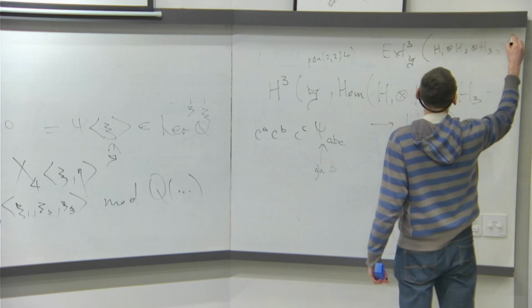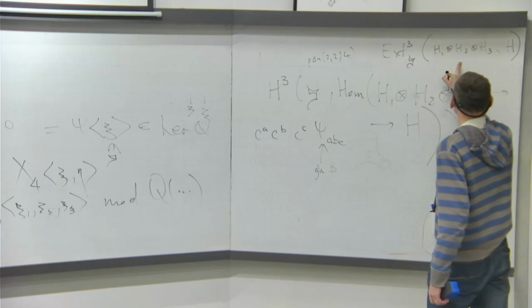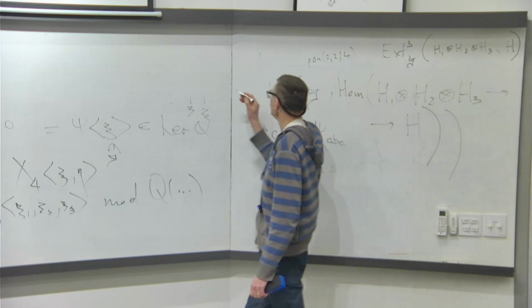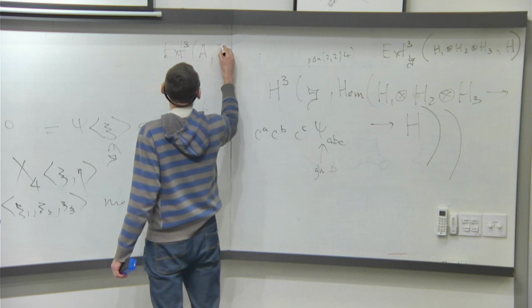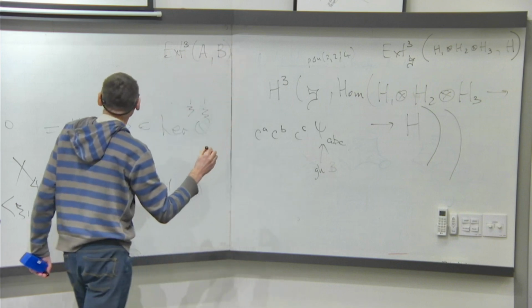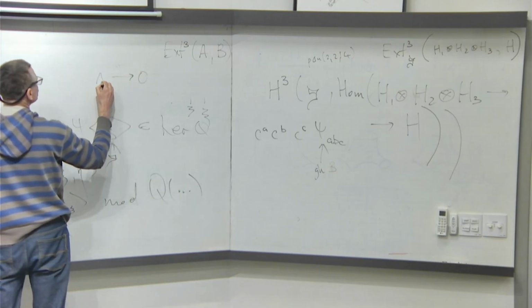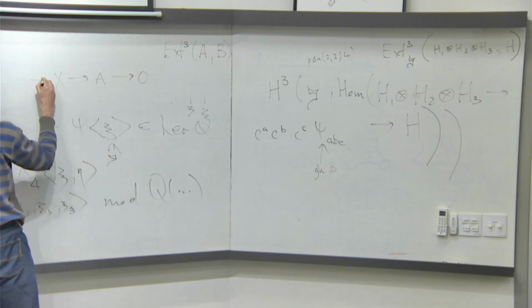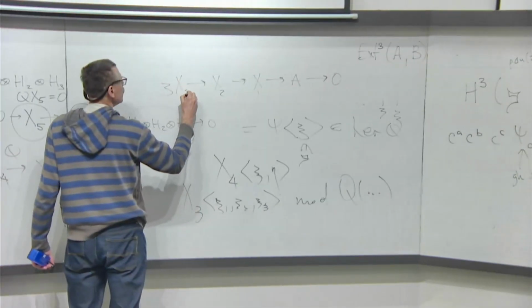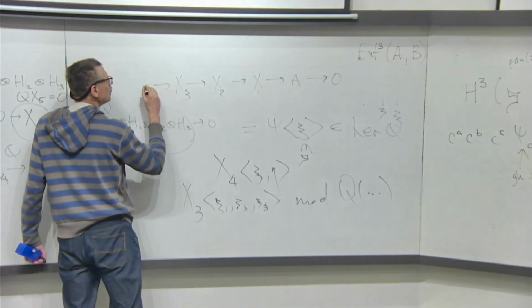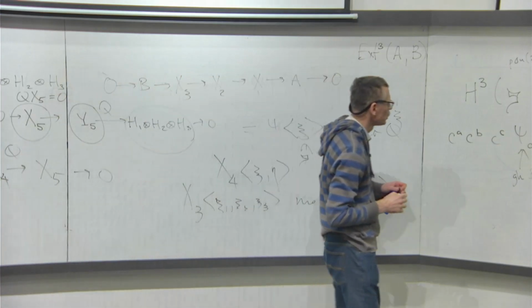Generally speaking, elements of X3 of A, B would be equivalence classes of exact sequences of 5 elements modulo some equivalence relation.